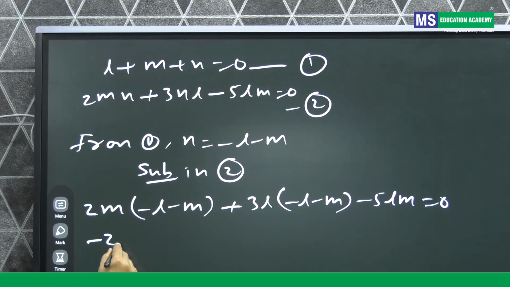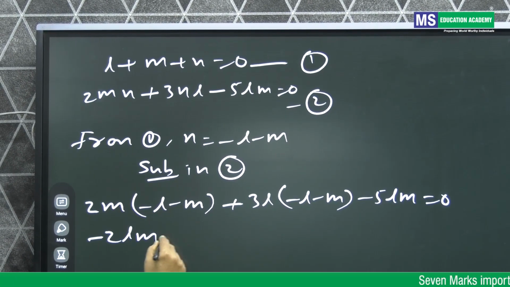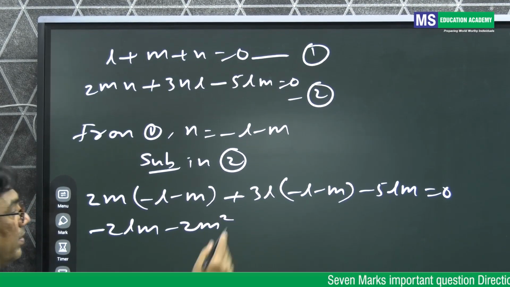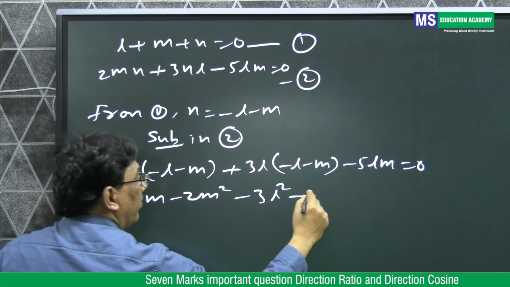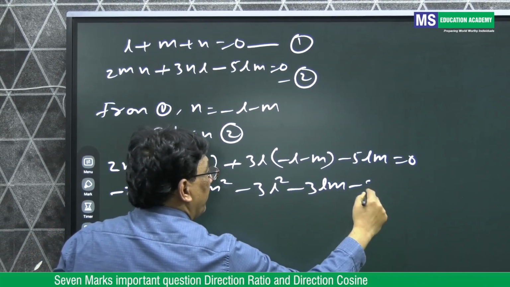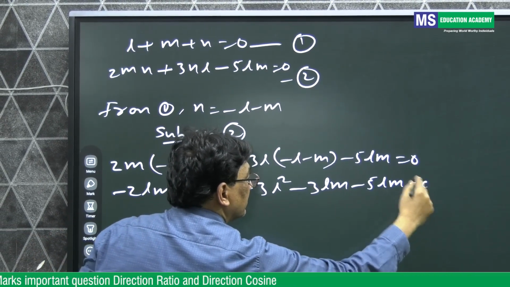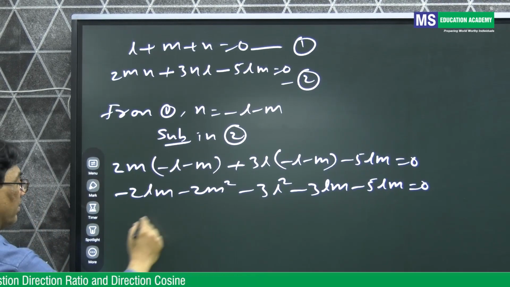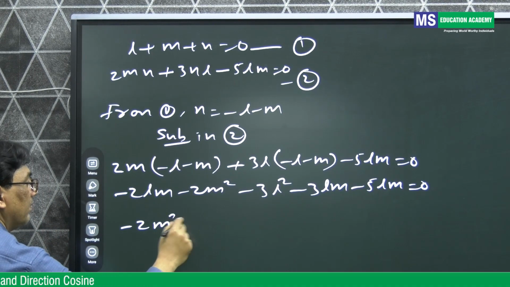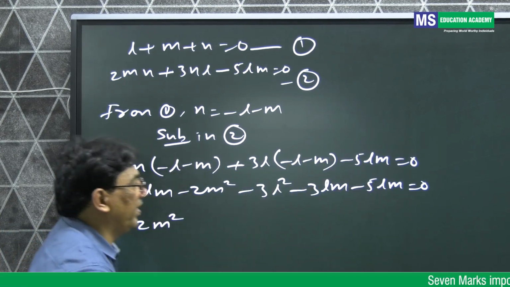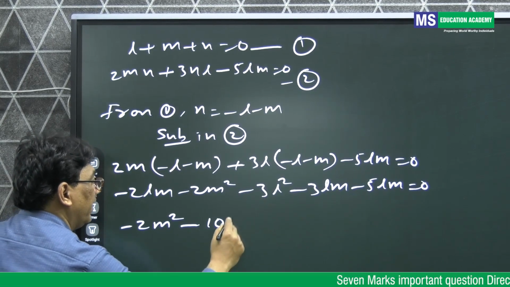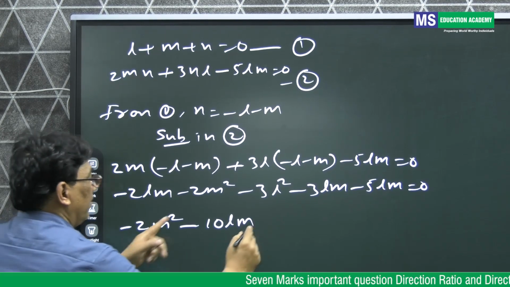Multiply: minus 2LM minus 2M square minus 3L square minus 3LM minus 5LM. Now add the LM terms: minus 2LM minus 3LM minus 5LM gives minus 10LM.